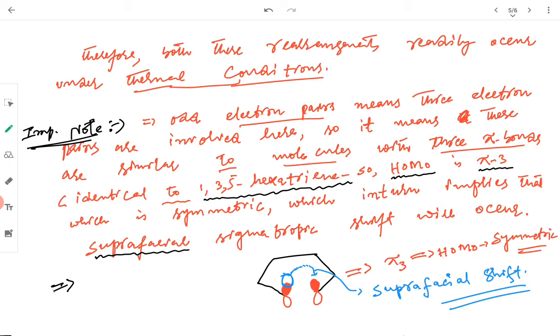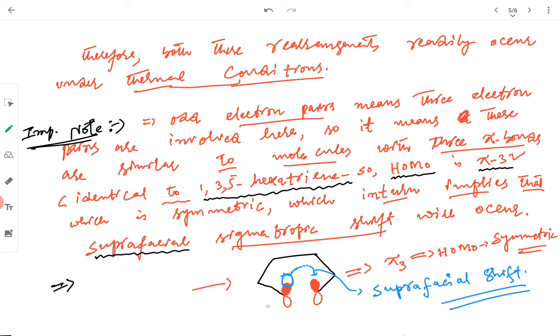So as you know, the HOMO of hexatriene, which you have studied in the introduction part of pericyclic reactions, pi 3 is its HOMO. So pi 3 is symmetric, which in turn implies that, being symmetric, it will involve a suprafacial sigmatropic shift. So I have drawn here pi 3.